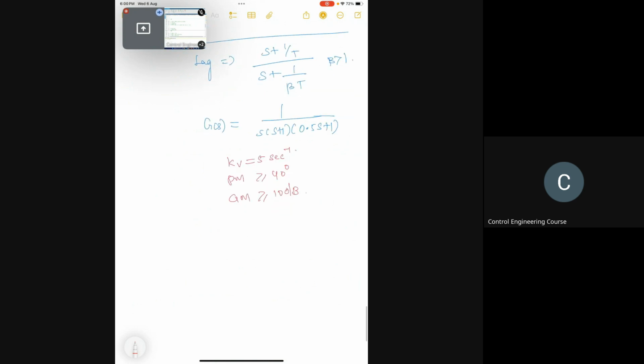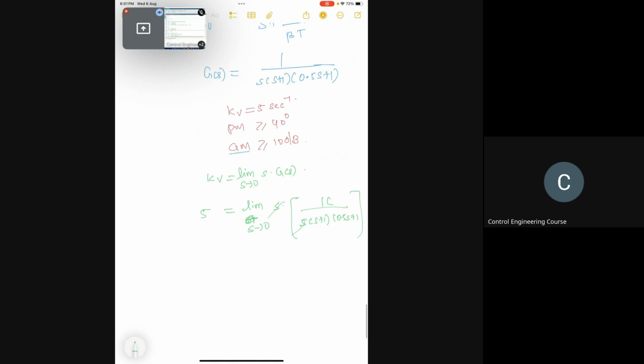Now I have plotted the Bode plot for the system. First, we will just try to compensate for your steady state value. KV is equal to limit S tends to 0, S into G of S. This will give me 5 equals limit S tends to 0, S into K by S into S plus 1 into 0.5 S plus 1.